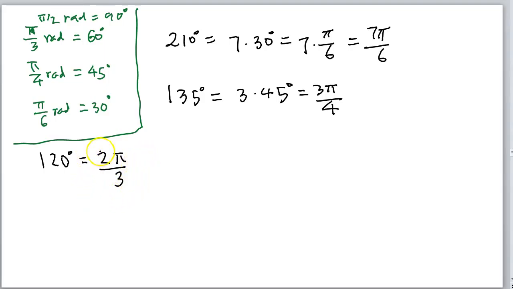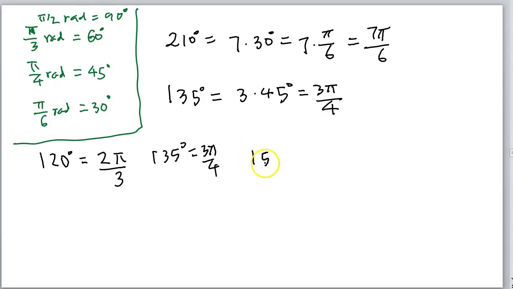If you see some angle without any unit written, then you can pretty much take it as radians. Okay, so I'll just omit the RAD from now on. So we have 120, 135. We have over here 3 pi over 4.